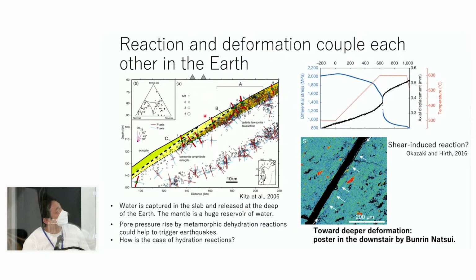My lifetime goal is to reproduce these conditions in the lab. This is an example done by myself and Greg Frost when I was a postdoc. Here we collected the mineral lawsonite and squeezed it. The blue line is stress, the red is temperature, and this is the amount of slip, and the horizontal axis is time.